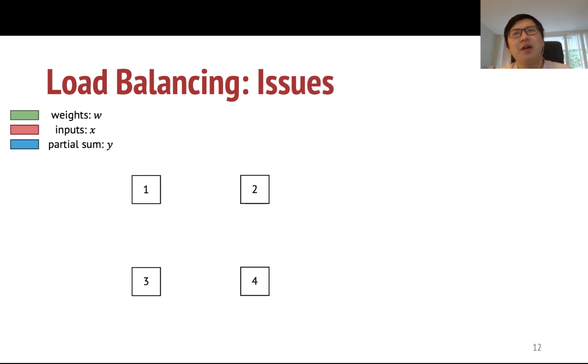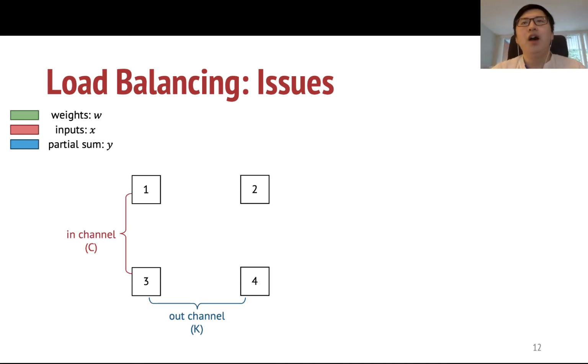However, there are some issues when naively performing load balancing on a two-dimensional PE array. And in the next slide, I will show how Procrustes solved them. We will identify the issue with a toy 2x2 PE array. Assume we spatially unroll the input channel dimension across PE rows and the output channel dimension across PE columns.